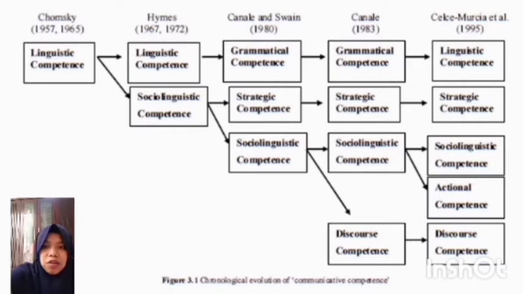It actually started with Hymes, who responded to the linguist Chomsky. Hymes added sociolinguistic competence to communicative competence, and then in 1980, Canale and Swain added strategic competence, and they referred to linguistic competence as grammatical competence. A few years later, Canale added discourse competence, and last, in the mid-1990s, Professor Celce-Murcia proposed actional competence.